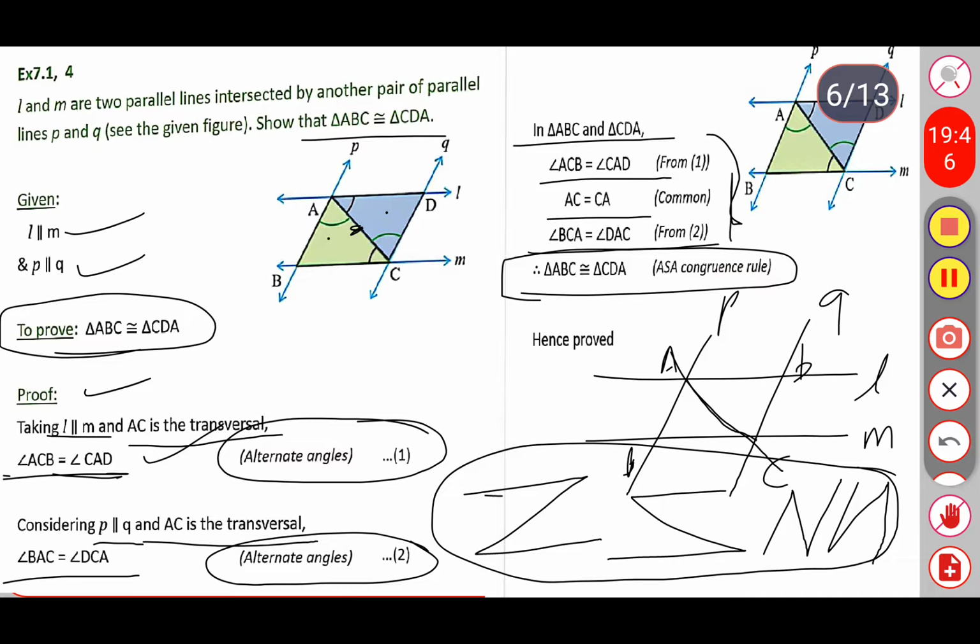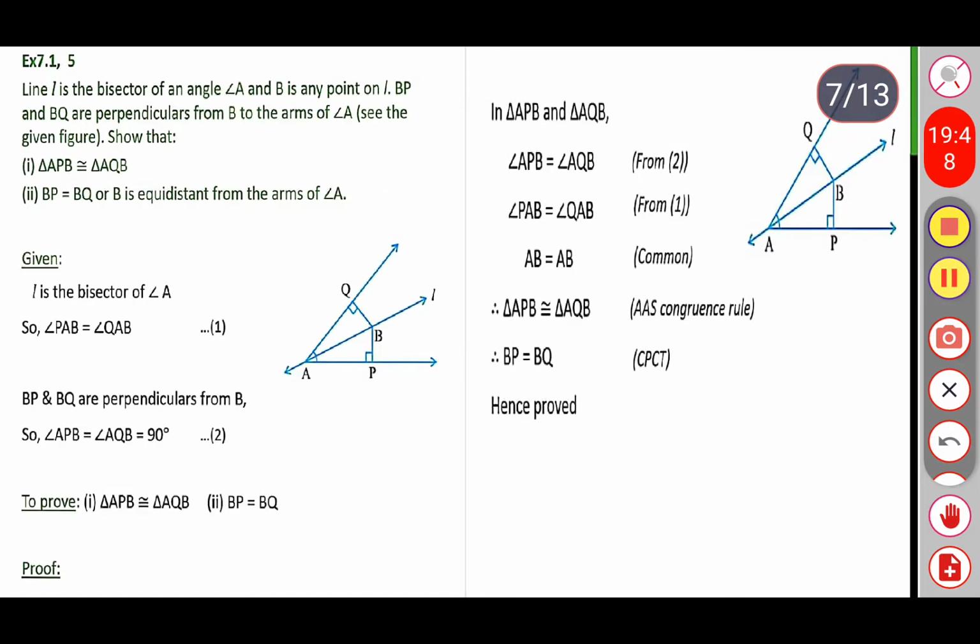Okay, let's see the fifth question. Line L is the bisector of angle A and B is any point on L. BP and BQ are perpendicular from B to the arms of angle A as shown in the figure.